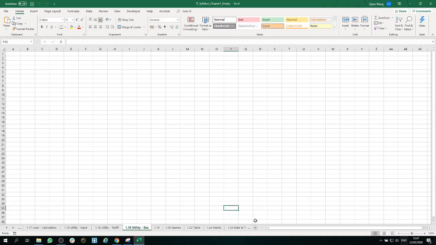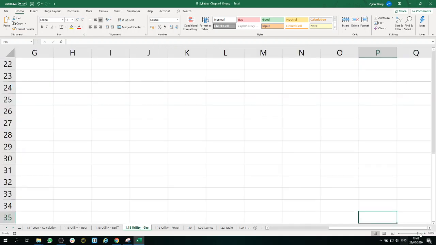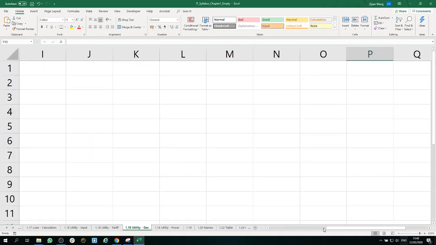Okay, so this one is set, and let's add another new sheet called utility power. So 1.18 utility power. Alright, so let's enlarge this to make it clear.